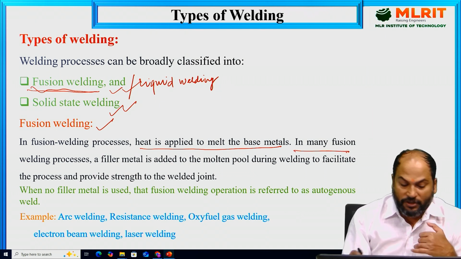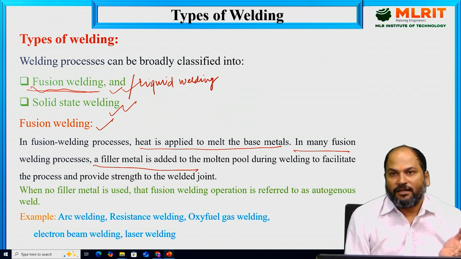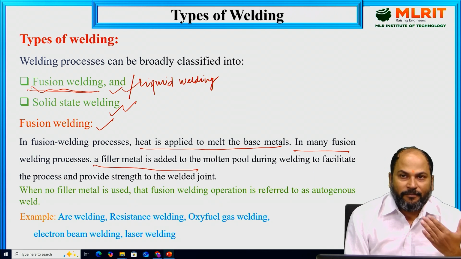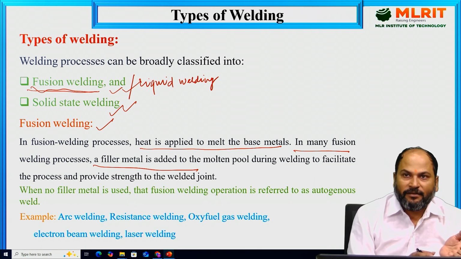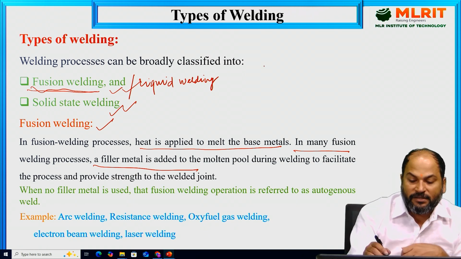In many fusion welding processes, a filler metal is being used. That is another thing. Filler metal may be used, or may not be used, during the welding. If we are using filler metal, then it may be a homogeneous welding process or it may be heterogeneous, depending upon the parent metals.